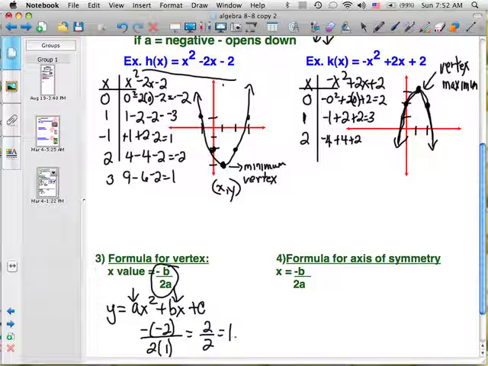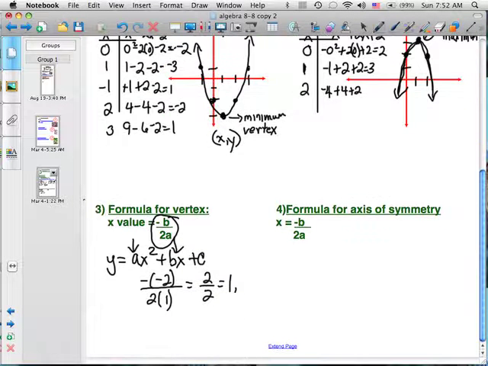And then I would just plug it in to find y. So if I found x, just plug it back in here and find y. So y would equal a, oops, we have to get to the equation.